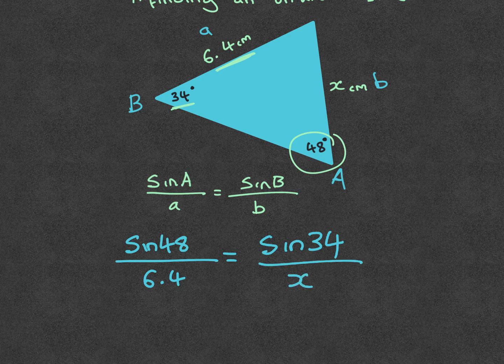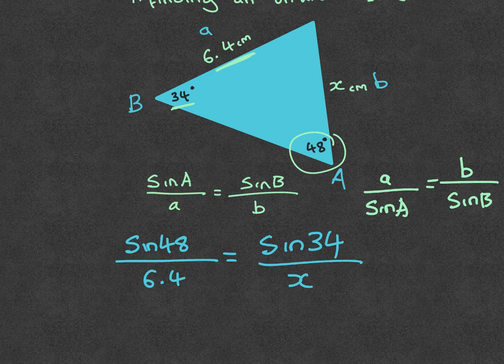Now, remember, when we look at the sine rule, we've actually got two versions of the sine rule. We can have the sides on the bottom or we can have the sides on the top, and it's the same. It doesn't change the equation because what we're looking at is the ratio between that angle and side. So if we rewrite the equation like this, it's actually going to make it a lot easier for us to rearrange in this case.